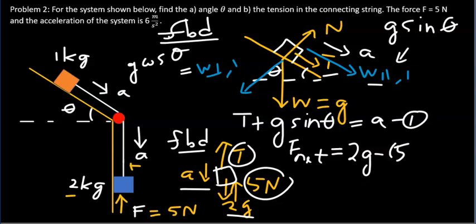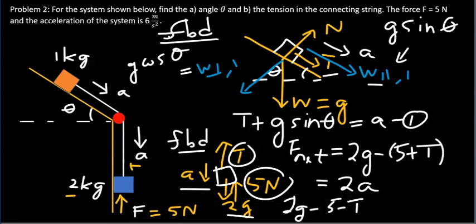So 5 plus tension. And this net force must be the same as mass, which is 2 kg, times acceleration. So that is F equals ma. So let's rewrite that equation. It is 2 gravity minus 5 minus T equals 2a, equation 2.